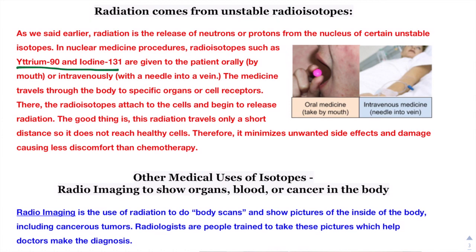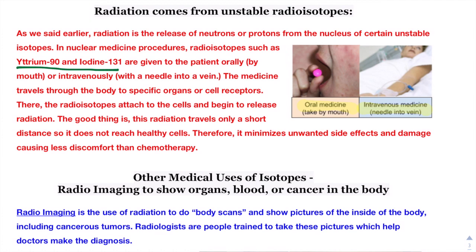So you can go back and answer the questions in red, but I'll explain a little bit more here. Oral medicine is what's taken by mouth, and intravenous is when they use a needle and put it into your vein directly. But what's different here is the radioisotopes can attach just to specific organs or cell receptors.